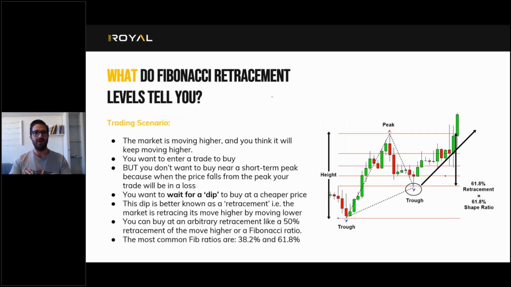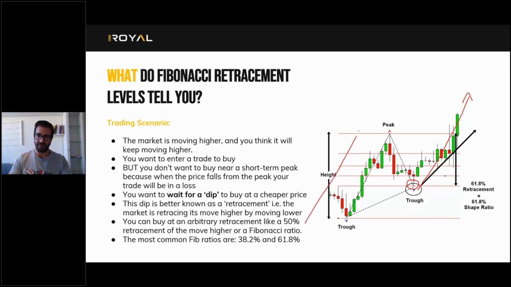Next, what do Fibonacci levels tell you? The market is moving higher and you think it will keep moving higher. We will use the Fibonacci to know, as we said before, where a certain level of correction will end, and then it will continue in the same direction as the main trend.